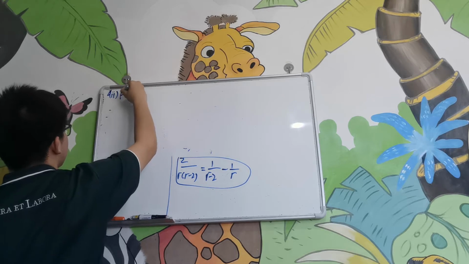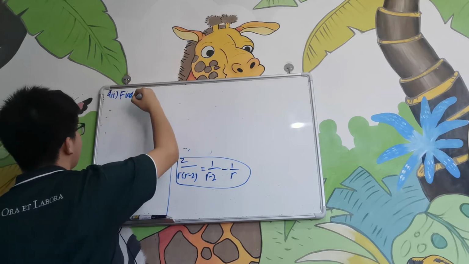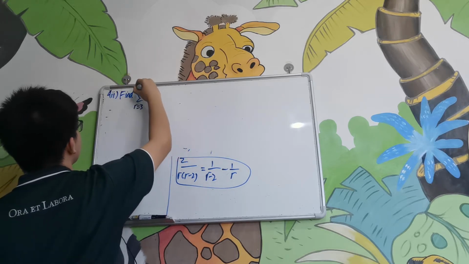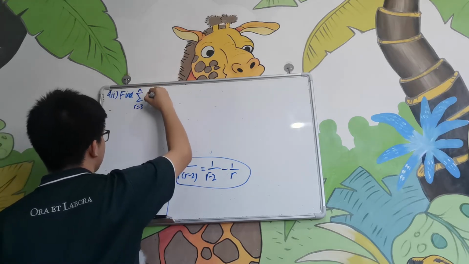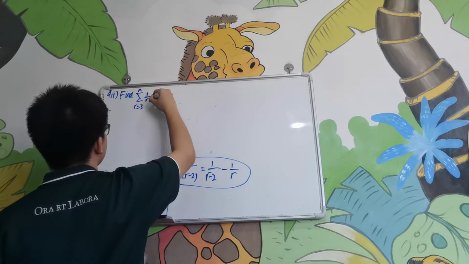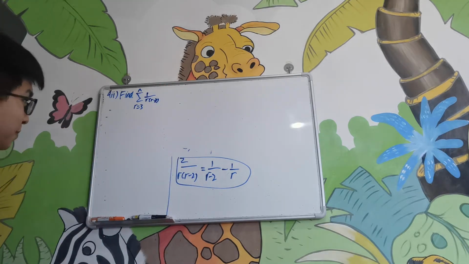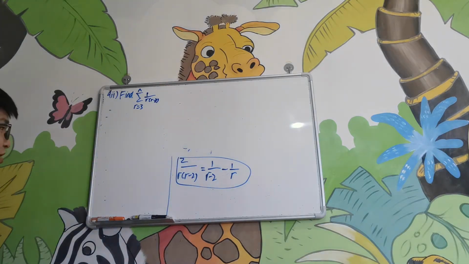Find the summation from r equals to 3 to n of 2 over r times r minus 2. So to start off, personally, I really dislike writing coefficients when I do, like, let's say integration or summation notation.